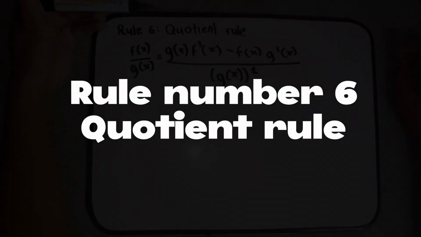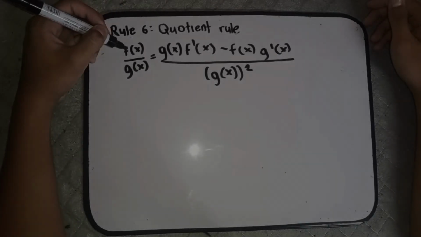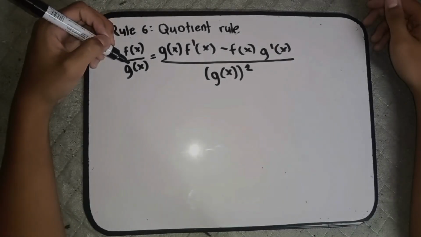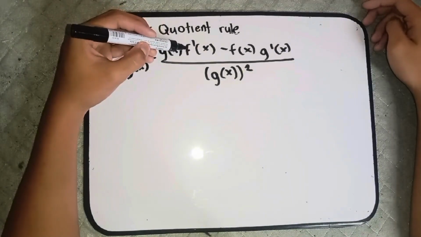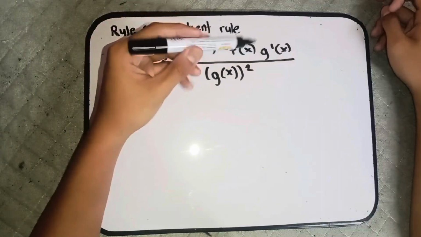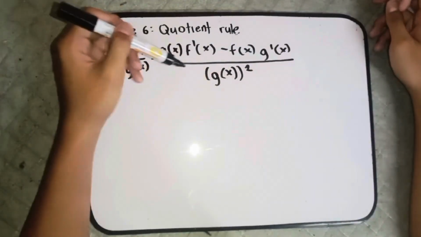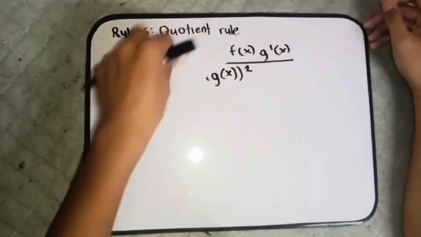Now moving on to rule number 6, the quotient rule. The formula is f of x all over g of x is equal to g of x times the derivative of f of x minus f of x times the derivative of g of x, all over g of x squared. Now, let's try to use an example to solve.